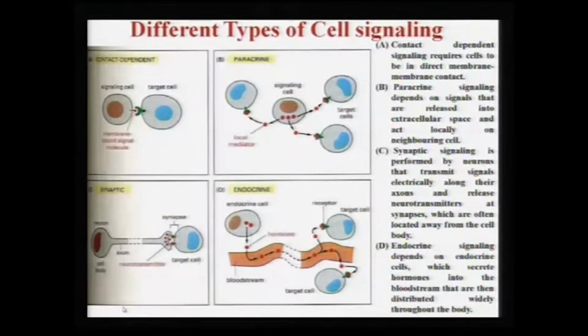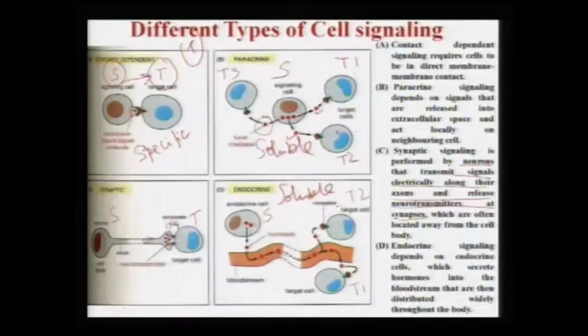Now, 2 or 3 slides back I mentioned the different types of cell signaling processes. If you remember correctly, there are 3 ways this signaling takes place. One is soluble signals, second is insoluble signals, third is direct cell to cell contact.